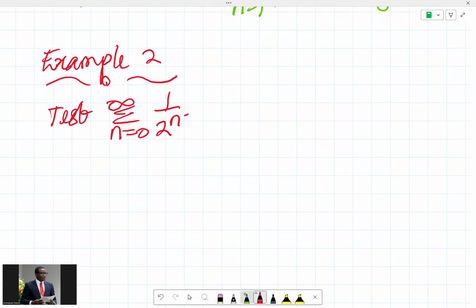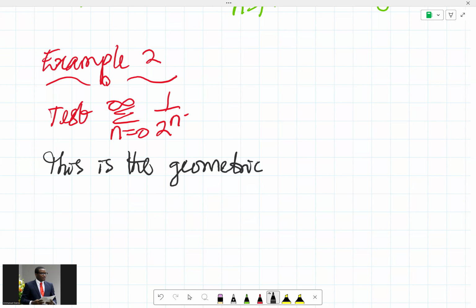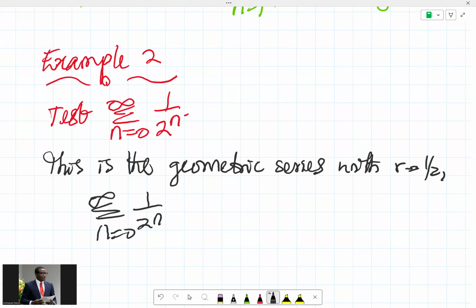This is like the geometric series with r equal to half. What do we mean by that? We have summation from n equals 0 to infinity of 1 over 2 raised to power n. That's the same thing as summation from n equals 0 to infinity of 2 raised to power minus n.